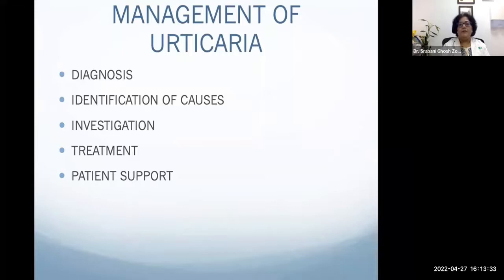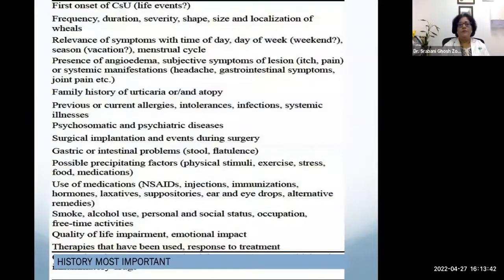So management of urticaria involves diagnosis, identification of the causes, investigations, treatment, and last but not the least, patient support. A detailed history is the most important thing in diagnosing urticaria, because when the patient comes to you, they might not show the actual lesions. And so you have to ask how severe the disease is, the frequency, duration, presence of any other symptoms, family history.